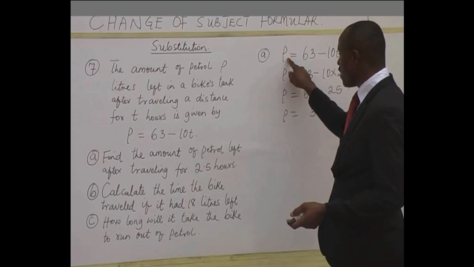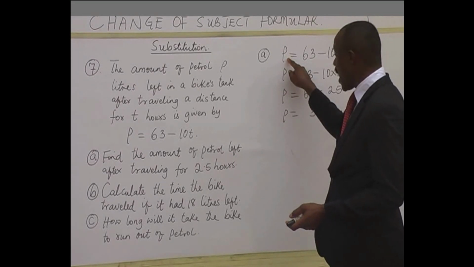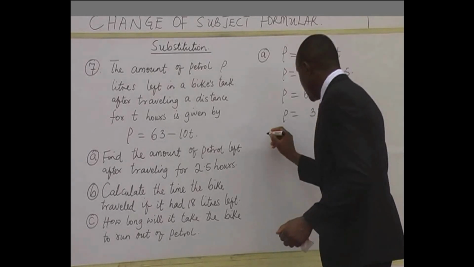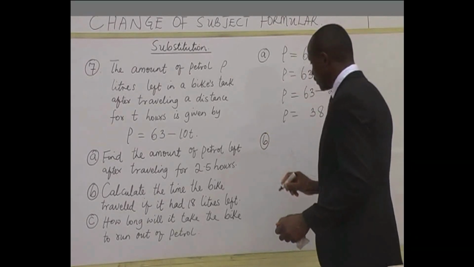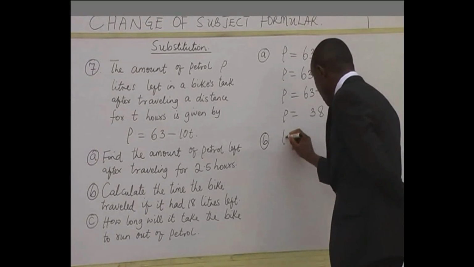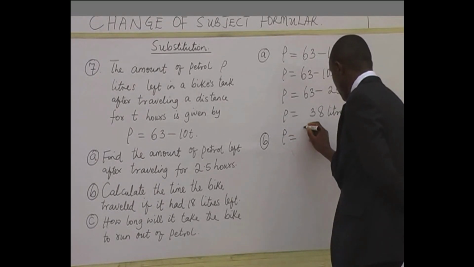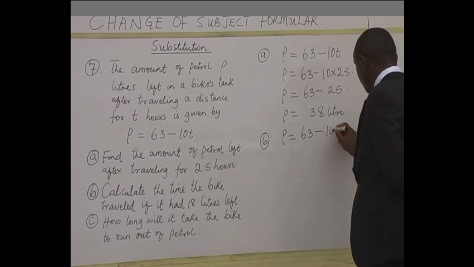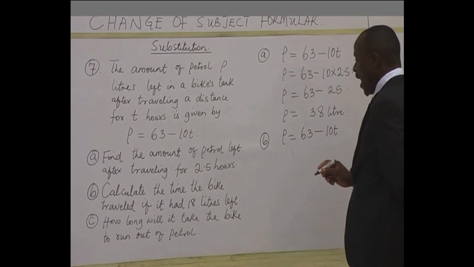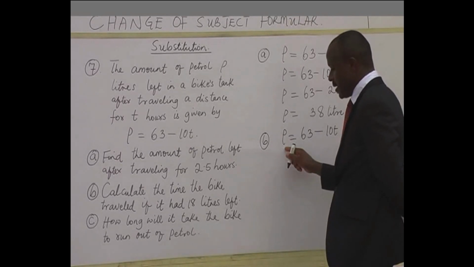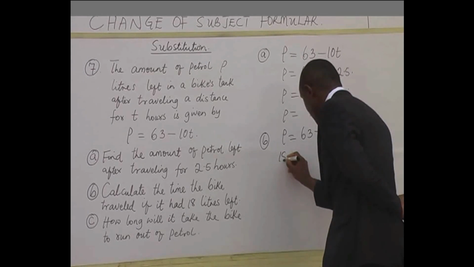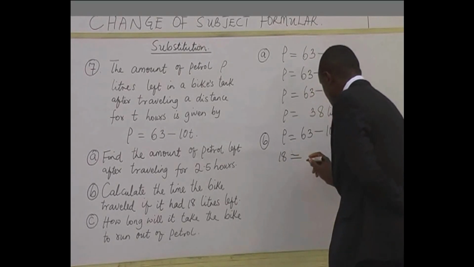We have been given P. Then we are asked to calculate T. Question number B. From our equation, P is equal to 63 minus 10T. We have been given P to be 18 liters.